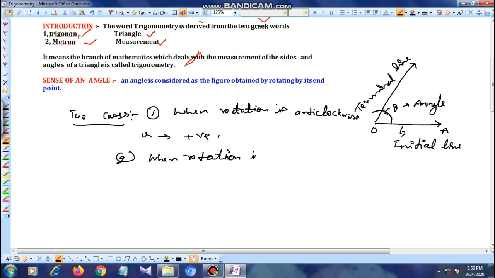when rotation is clockwise, then theta will be negative.